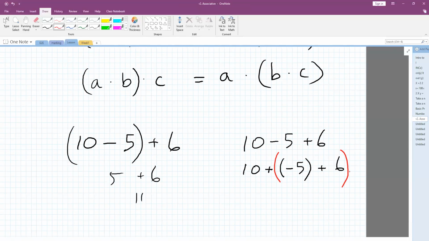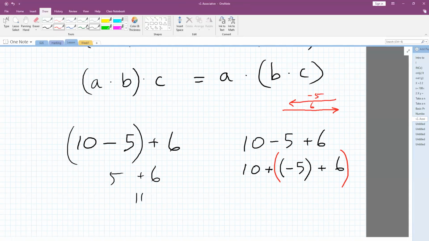Negative 5 plus 6 makes 1. Remember the number line that you saw before? You have 6 to the right, and then negative 5, which is an arrow to the left.